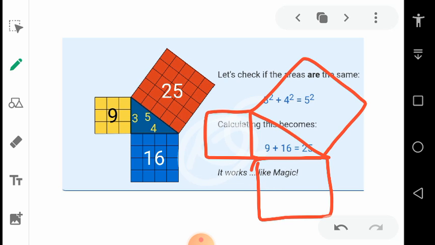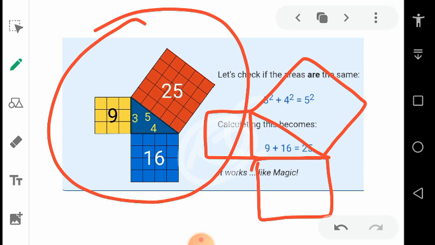As you can see, we now have three squares. The area of a square is side multiplied by side, and we do this in the Pythagoras theorem, like 3 square, 4 square, 5 square. So square means we are constructing a square over that side. Now see the figure.